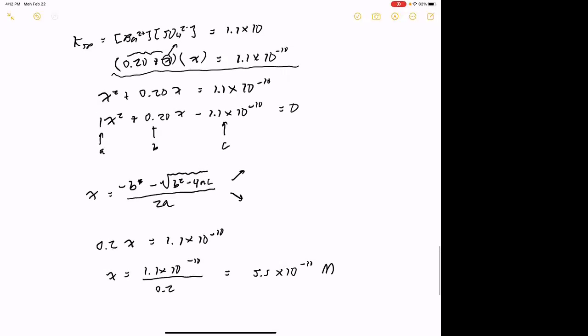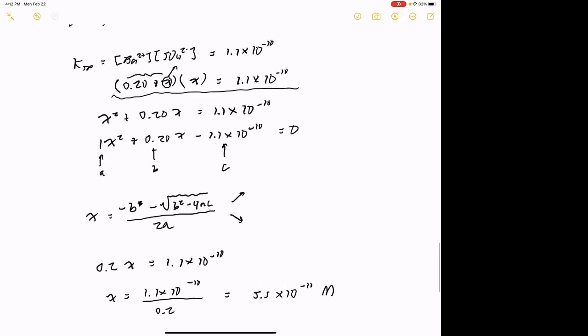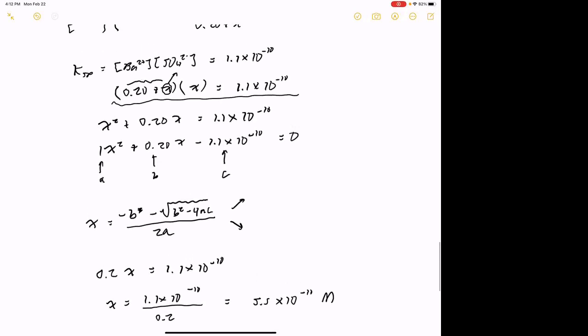So at this point, I can go back up and ask, was I justified in throwing that additive X out? So if I have 0.20 and I add 5.5 times 10 to the minus 10th to that, is that going to matter? No, can't matter at all. I mean, that's tiny.